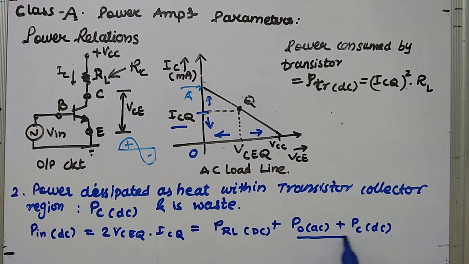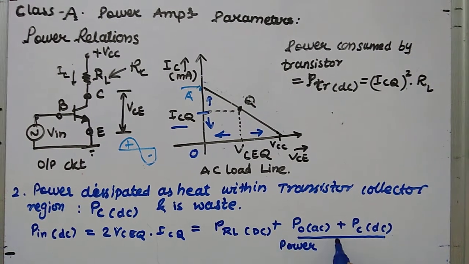So this is the power developed across the transistor as well as the power dissipated as heat. So we will call it the power consumed within the transistor.